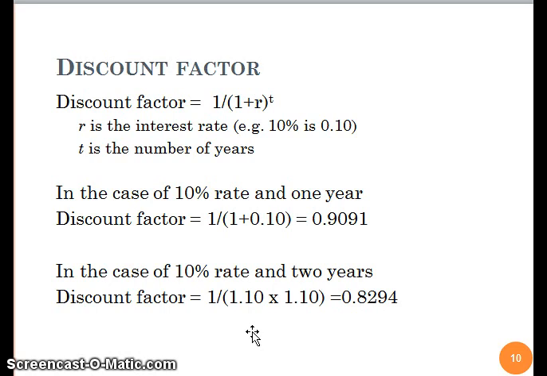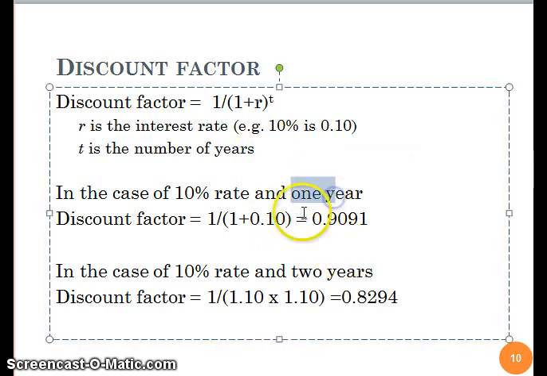In case R is 10 percent, in the first year the discount factor will be 1 divided by (1 plus R), in the sense 10 by 100, that is 0.10, to the power t. Since t is 1, for 1 year, the discount factor is 0.9091.